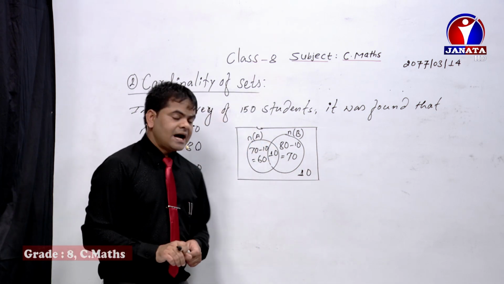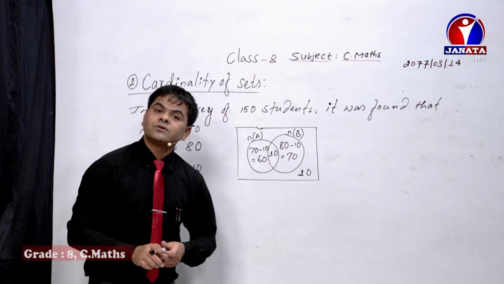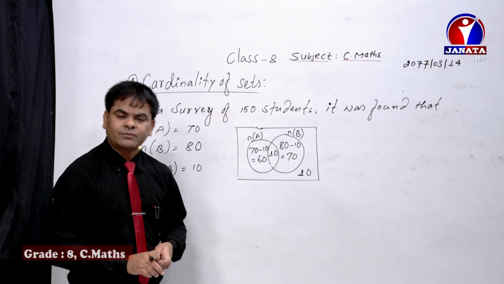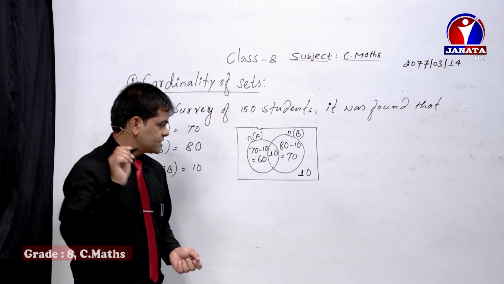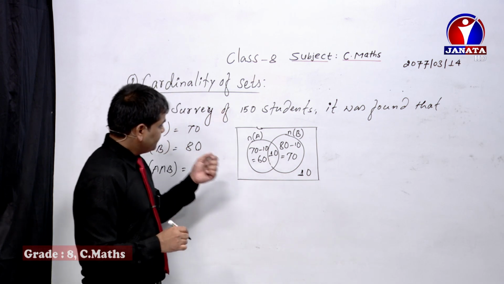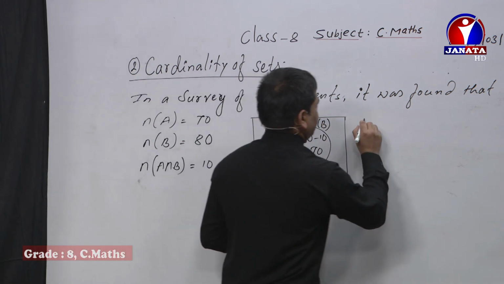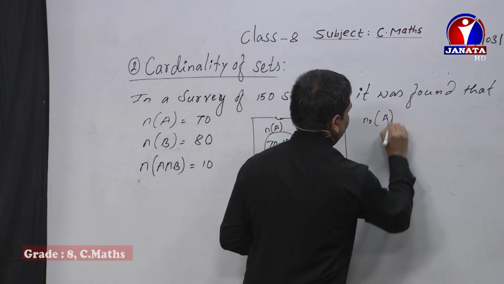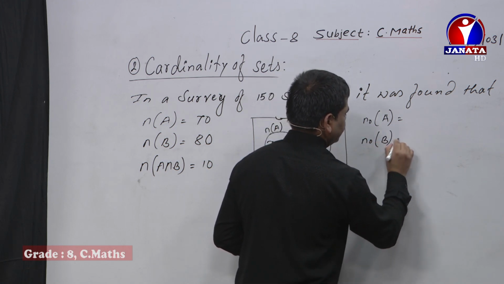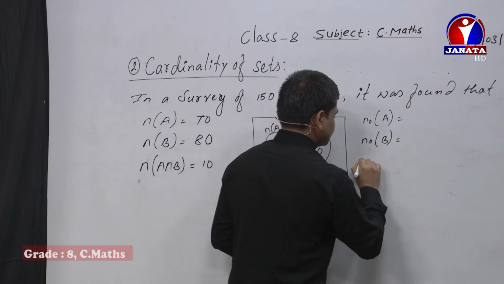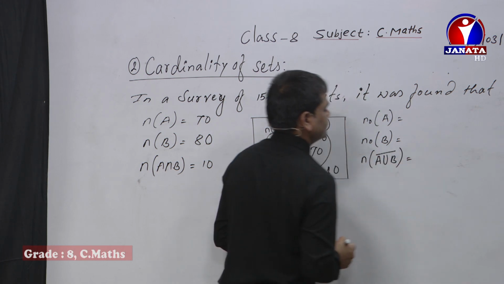Now, dear students, after representing the information in the Venn diagram, you need to be able to give the answers to the tag questions. There will be some short questions listed as roman numerals I, II, III. So, if there is a question to find n dot A, what should be done? And if there is a question of finding n dot B, what should be done? And if there is a question to find the number of A union B complement, then what should be done?